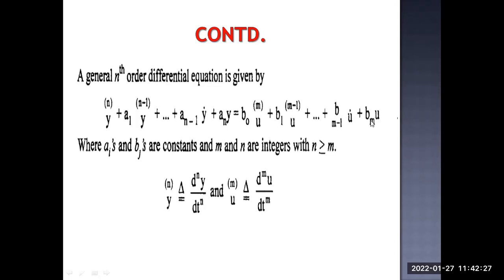This is the form in which a general nth order differential equation is represented. Now these aj and bj are constants, and m and n are integers with n greater than m. So try to understand this: n is greater than m, which means the order of the output is greater than the order of the input.